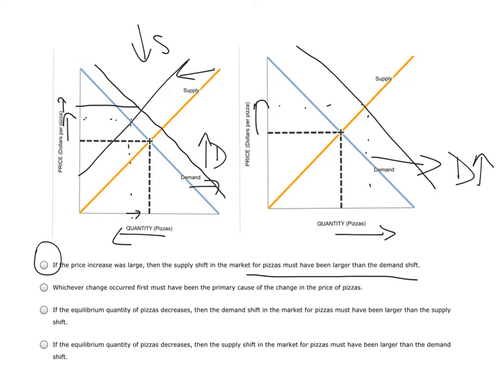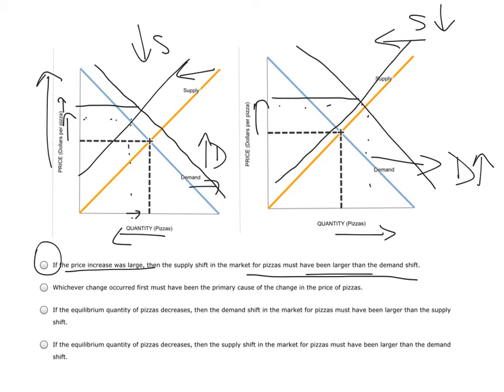But this is talking about a large price increase, but both of these shifts are actually increasing my price. So which one was larger really wouldn't matter, because if I look at the second picture and I have a relatively big shift in demand and I'm going to just draw a smaller reduction in supply here, then all I get is an actual even further higher price.